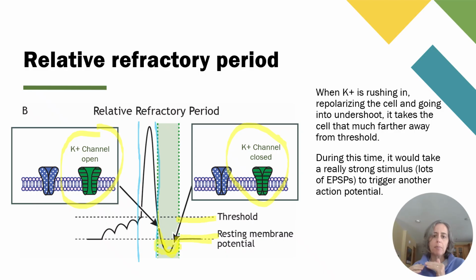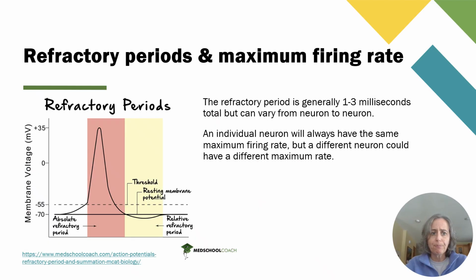We have to make the membrane potential even more positive or even less negative than it was to get from, say, -80 to -55. So the distance that we have to travel now. So it takes a lot more of a stimulus, so more excitatory postsynaptic potentials, in order to trigger another action potential because it's just harder to get to threshold. So that's the relative refractory period.